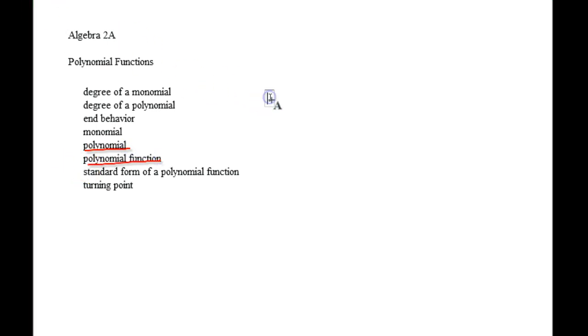A polynomial is basically something with more than 2 terms. It could be 2x to the 5th minus 7x squared plus 3x minus 2. A binomial is one that has 2 terms, so a binomial could be 2x minus 3 or 5x to the 3rd minus x.